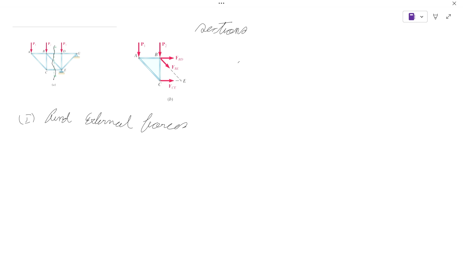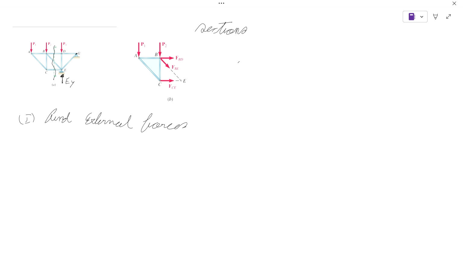All right. And in that case, we do what we have done all this time, which is the forces at the exterior of the element of the structure, or basically the support forces.